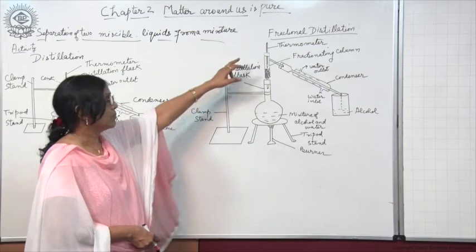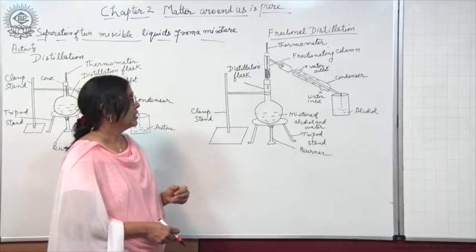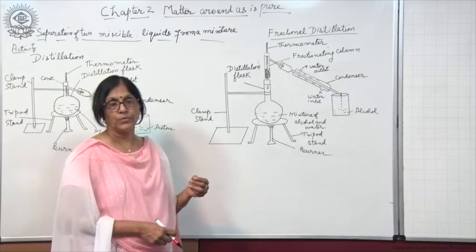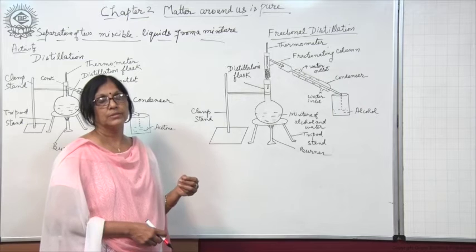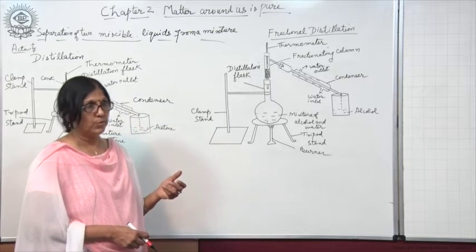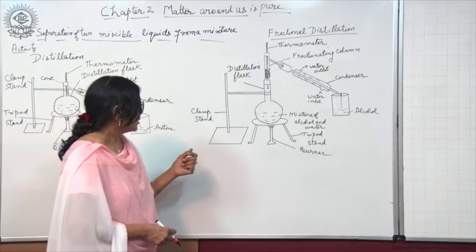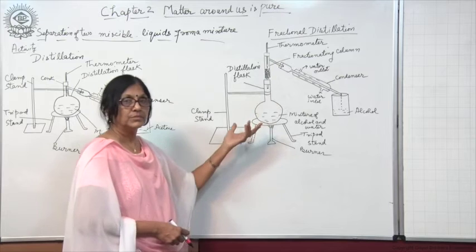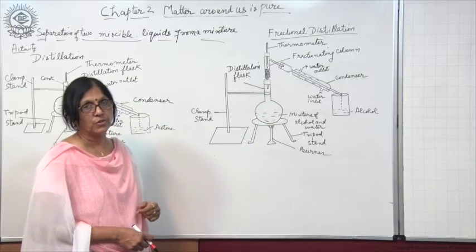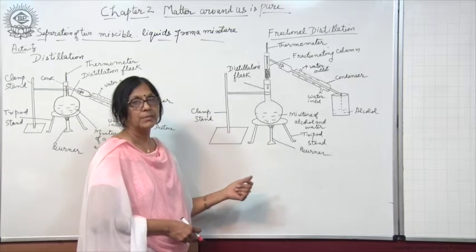Here also a thermometer is used to keep the temperature constant below the boiling point of that component which has the low boiling point. So the temperature should be fixed here also. Now the apparatus is set in the same manner as in the case of distillation. Heating is continued by a burner.